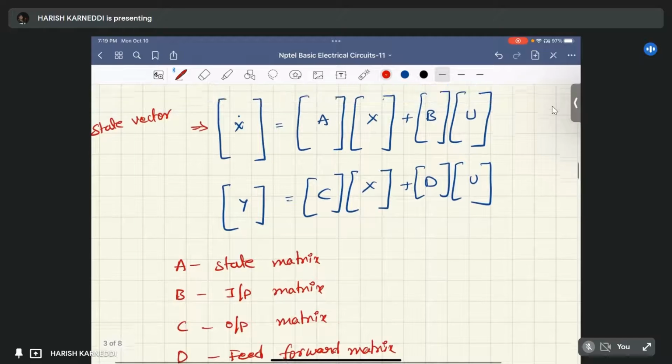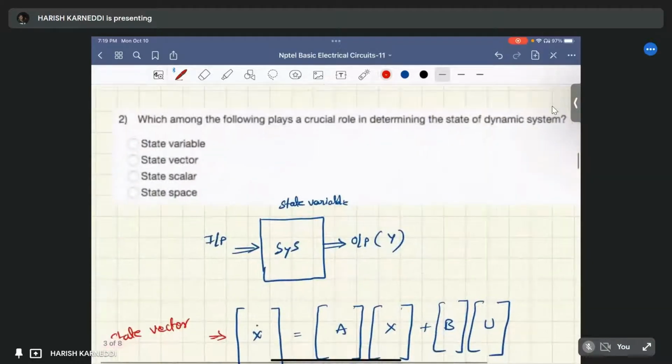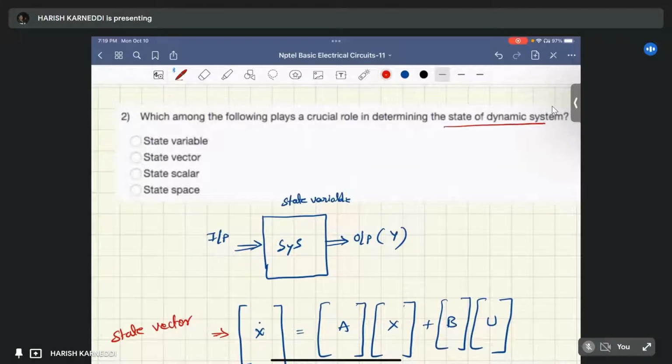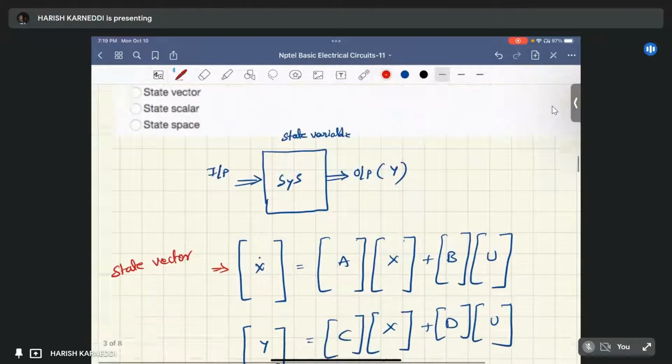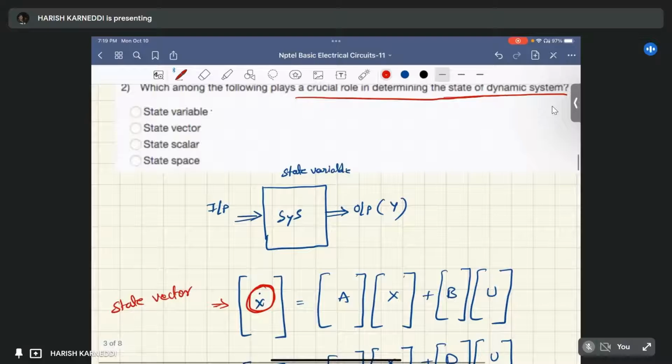Among all these, the variable that plays a crucial role in determining the state of the dynamic system is the state variables, that is the state vector, X dot. This is option A, state variables.